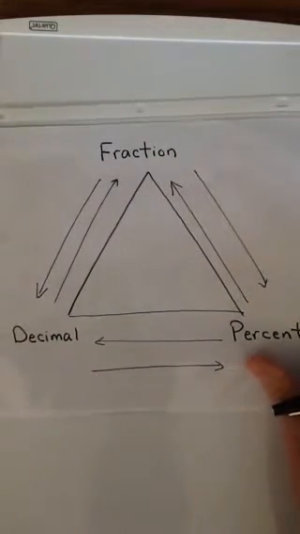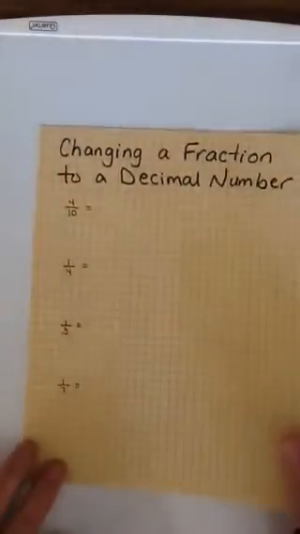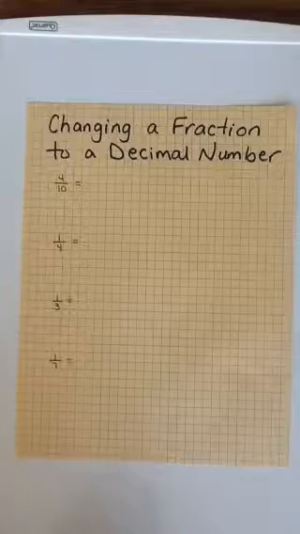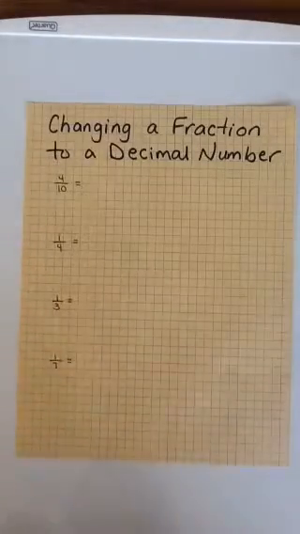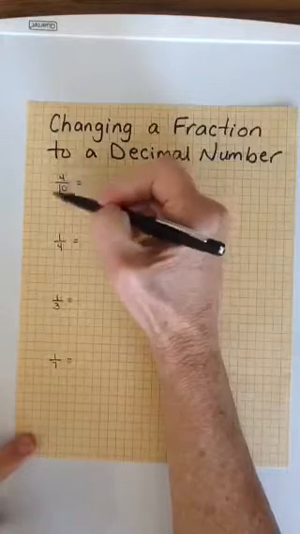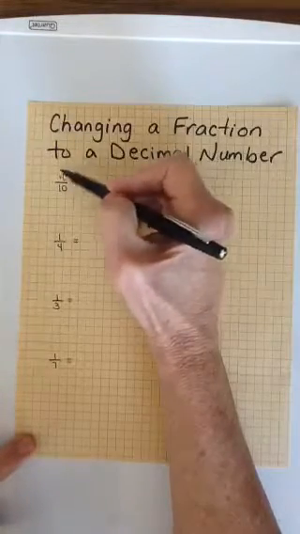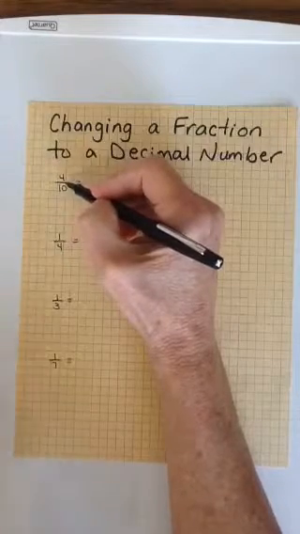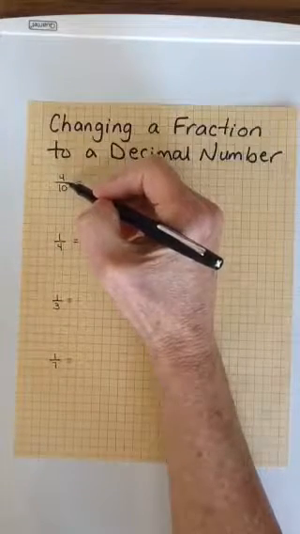Okay, so hopefully you remember that we use division to change a fraction to a decimal number. When we're looking at a fraction, we're also looking at a division problem, because the fraction line can be used to express division.